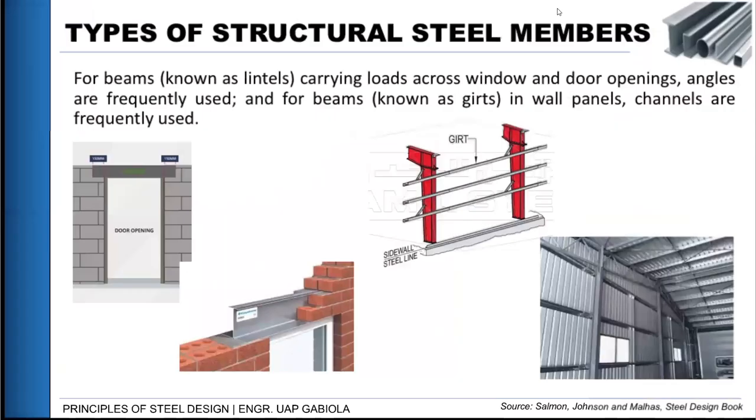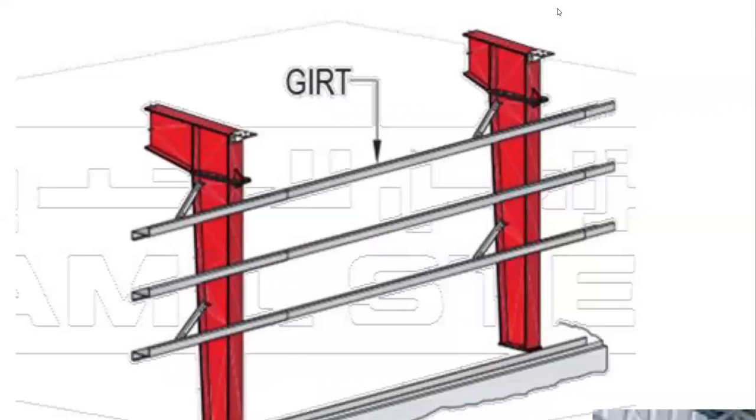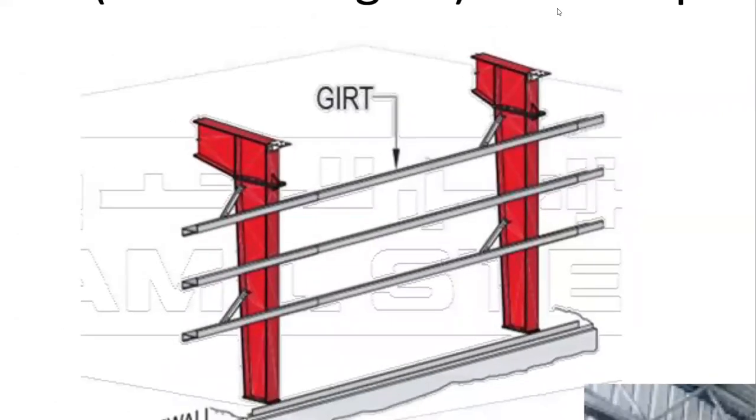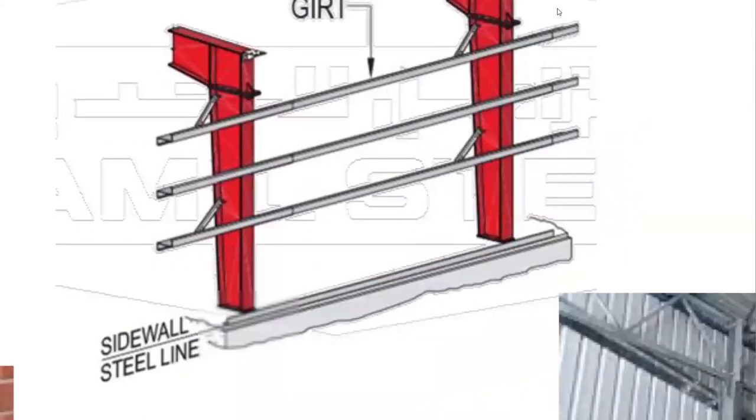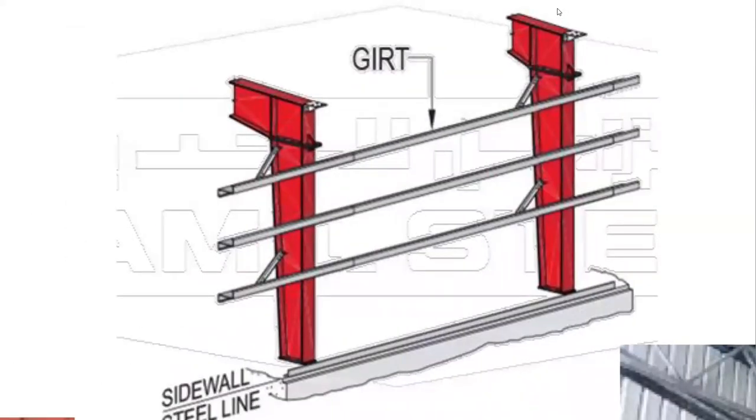Then for girts, usually in warehouses, maybe you are wondering how they install the side coverings of warehouses. They install girts. These girts are equally spaced steel sections.